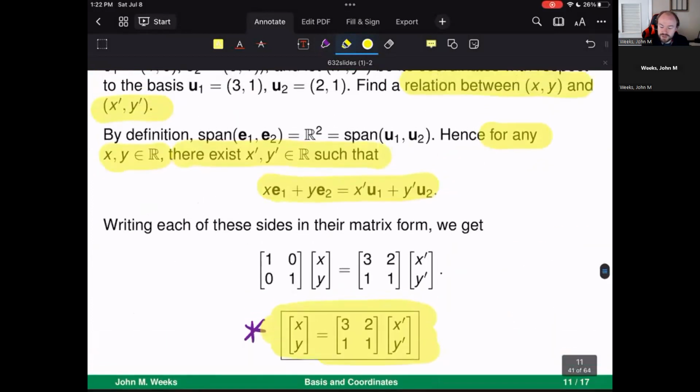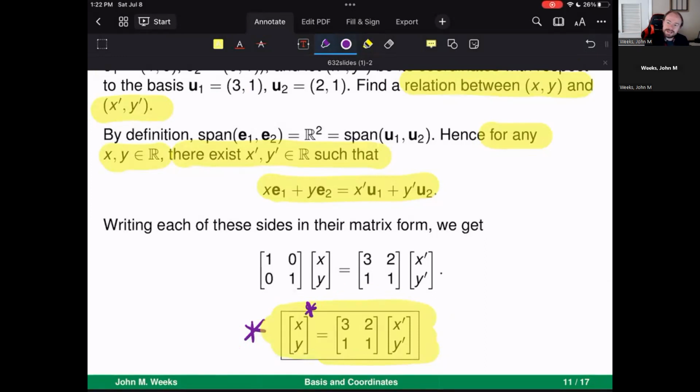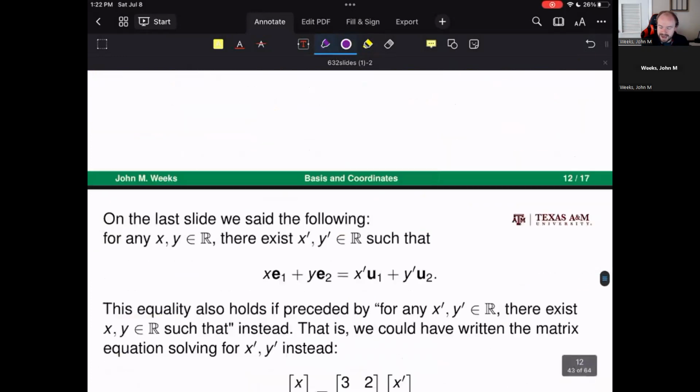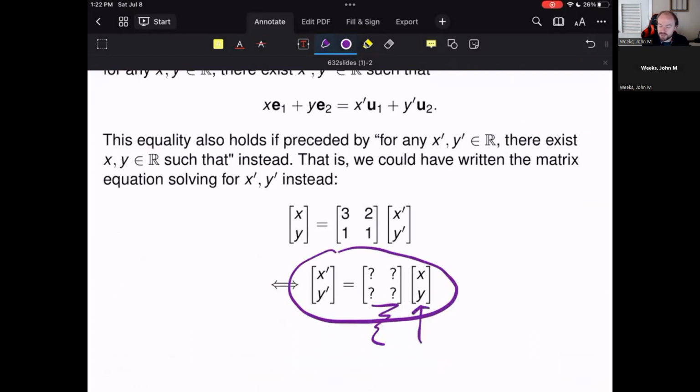Over here, we were solving for x and y. We could also have been solving for x prime and y prime. Do you remember how we can take this equation and have it solve for x prime, y prime instead? All that we have to do is multiply by the inverse of this matrix on both sides. If we do that, we get x prime, y prime equals some matrix times x, y.